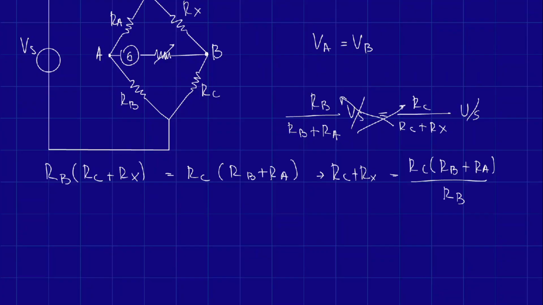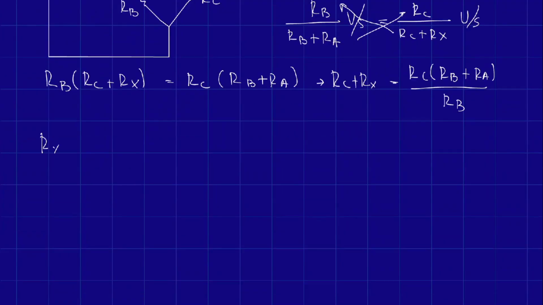And now we want to isolate Rx completely, so we have Rx equals, we can also multiply the terms in the denominator on the right side, RcRb plus RcRa divided by Rb, and we just subtract Rc since we had it on the left side.